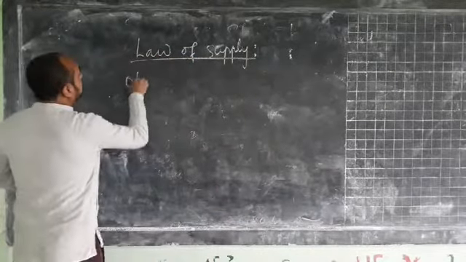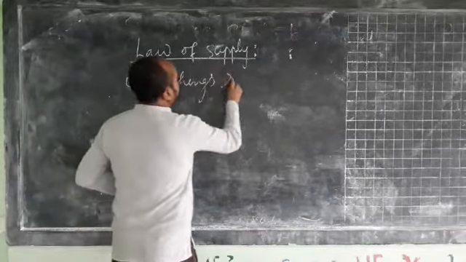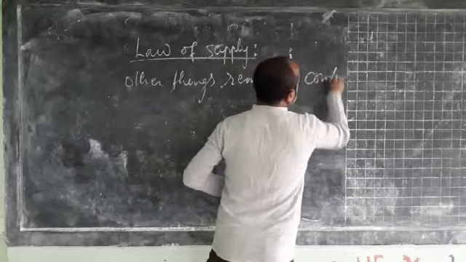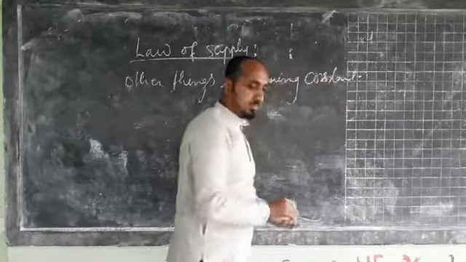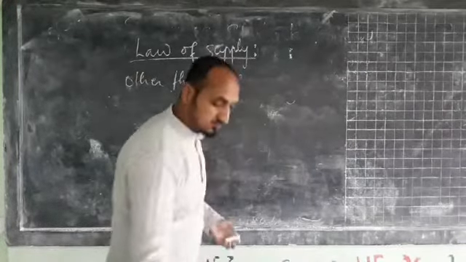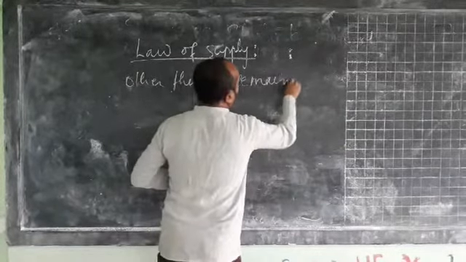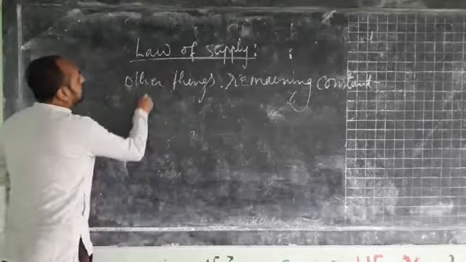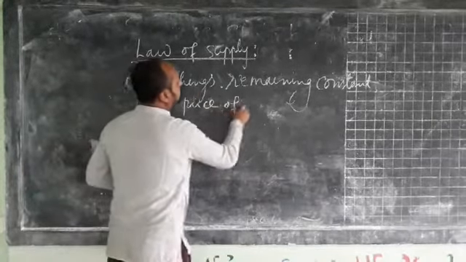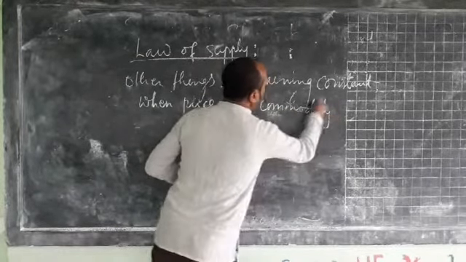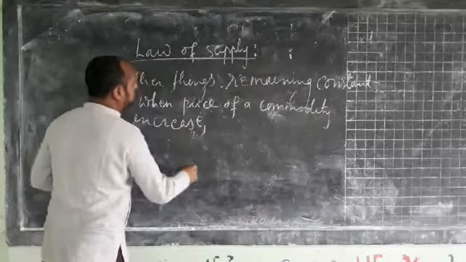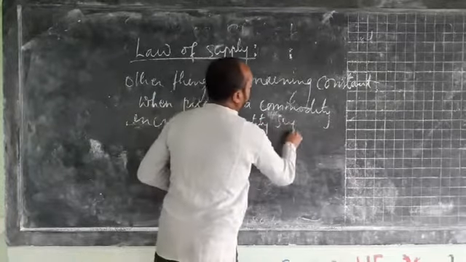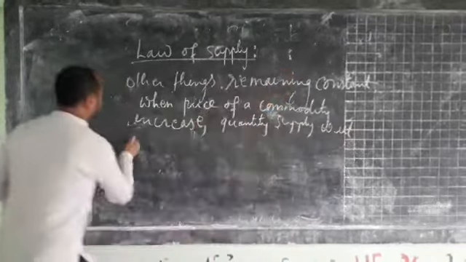of supply it says that other things remaining constant, when price of commodity increases, quantity supply will increase.